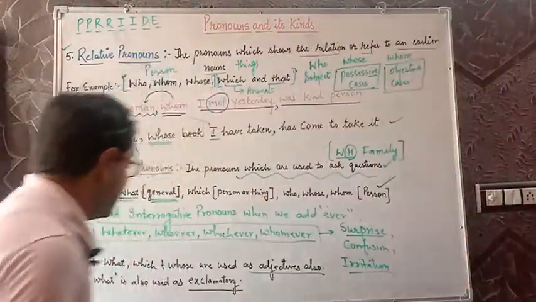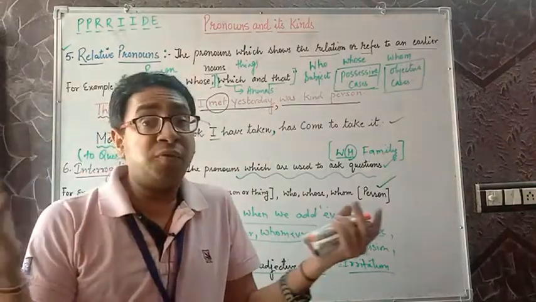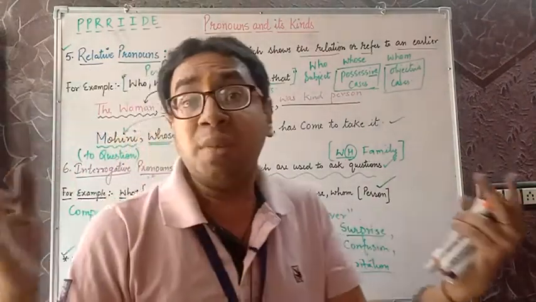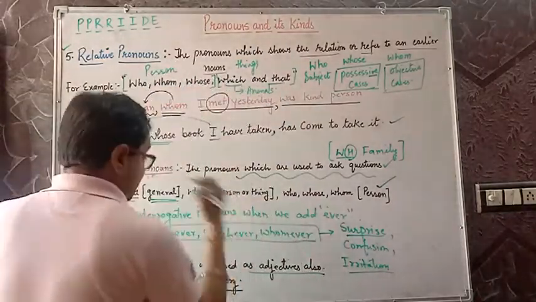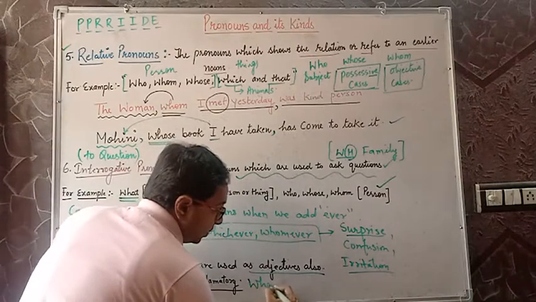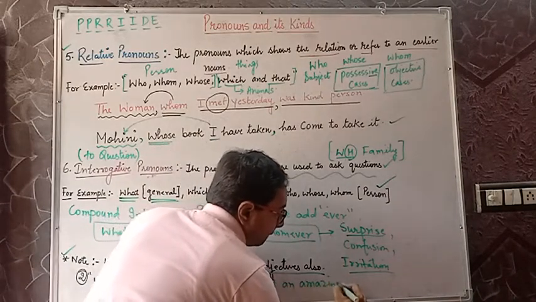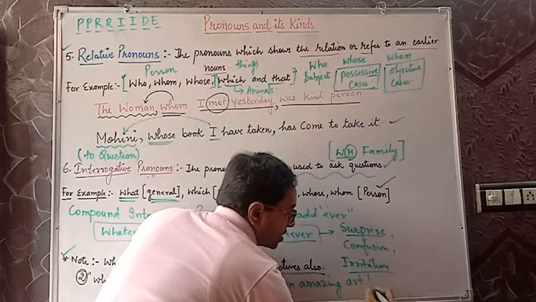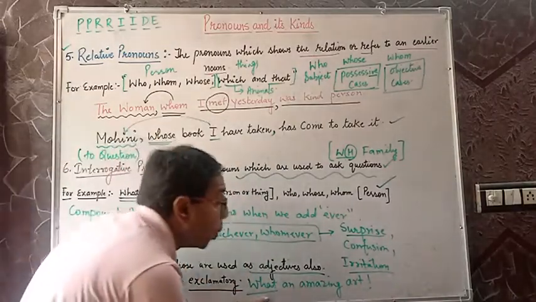Are we clear? Next, what is also used for exclamatory. What a beautiful scene. What an amazing art. They are examples where we put exclamation. So what here is not standing as a question.